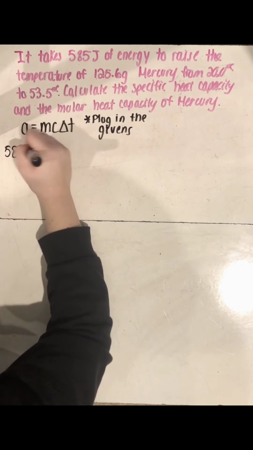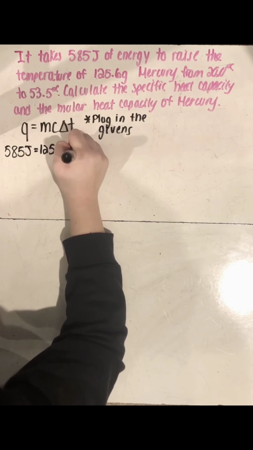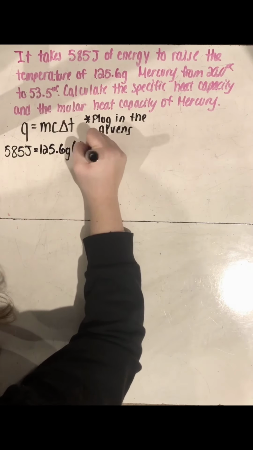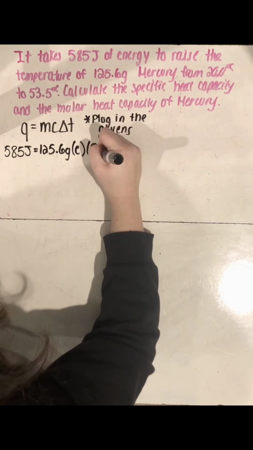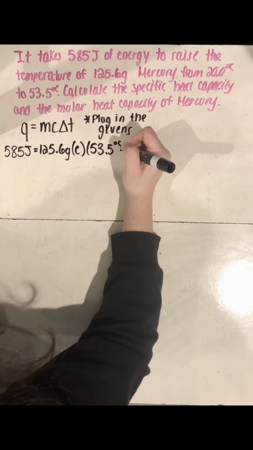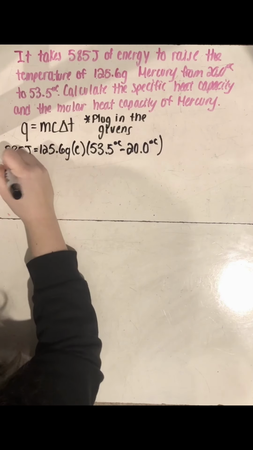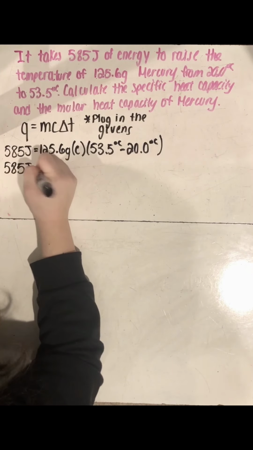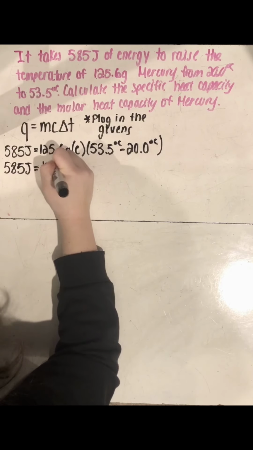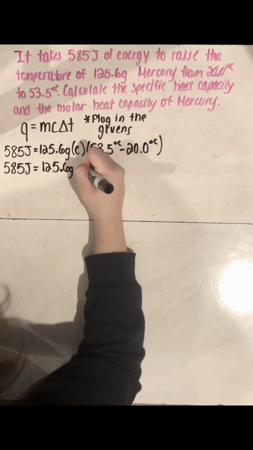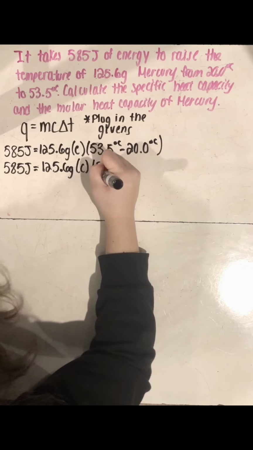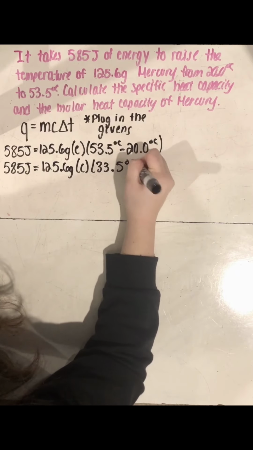Now plug in your givens: 585 joules as Q, which is equal to the mass 125.6 grams, times the specific heat, which is unknown, times 53.5 degrees Celsius minus 20.0 degrees Celsius. Next, we're going to simplify the equation: 585 is equal to 125.6 grams times the specific heat times 33.5 degrees Celsius.